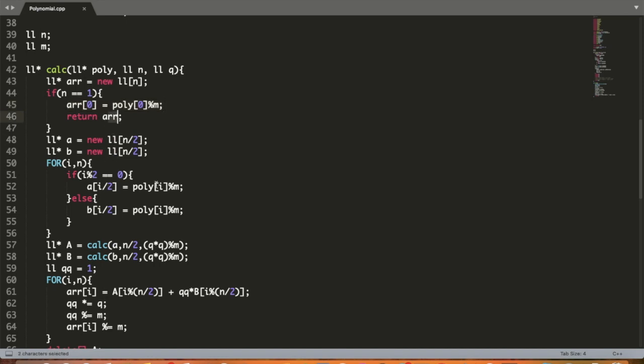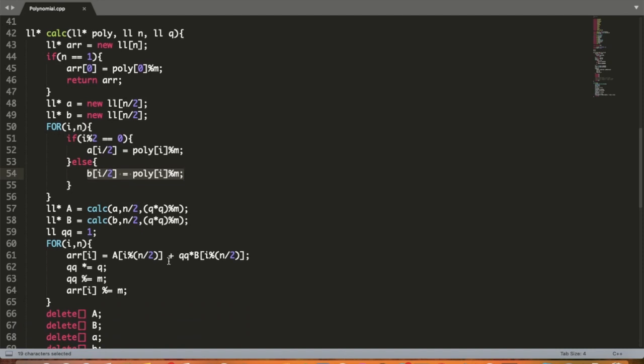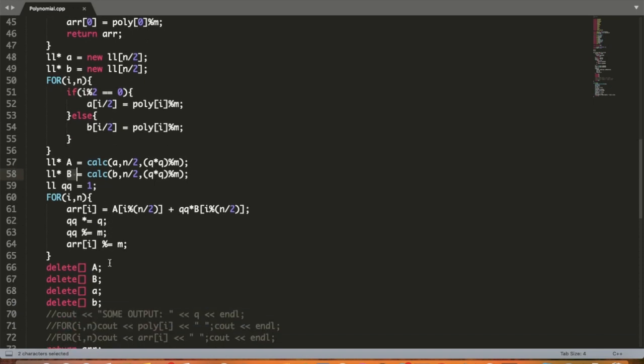In the other case, a and b are kind of like x and y in our previous discussion. I have separated my coefficient vector into two halves. Then I call the calc function again. Notice how I have put q into q here and q into q here as well. After I generate these two arrays, notice that they will be of length n by 2, and then I formulate my ARR again.